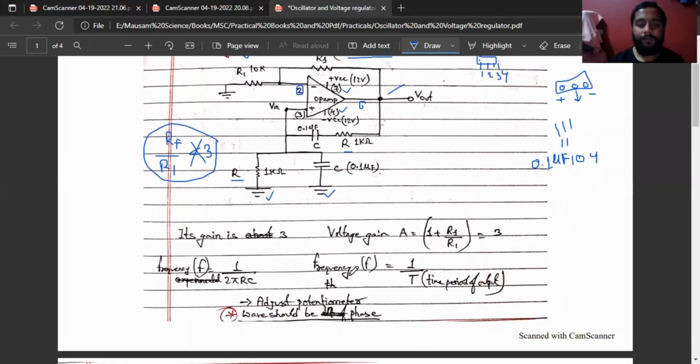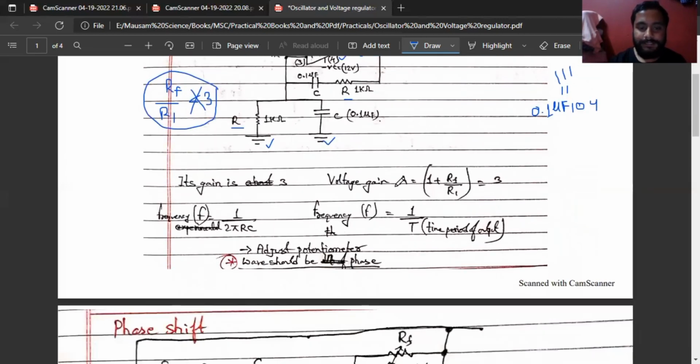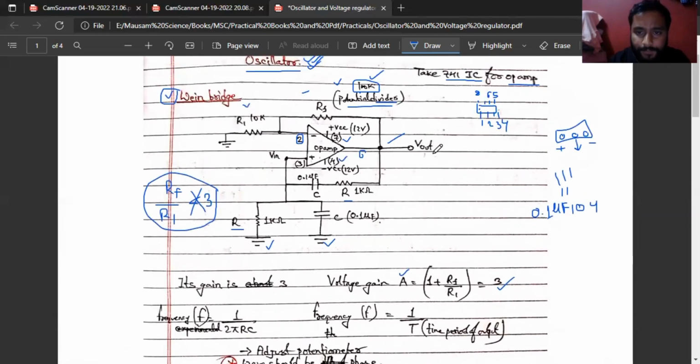Now its gain is 3, that is, we get the voltage gain from 1 plus RF by R1, which will be equal to 3. It is the theoretical value. From here we will take out the curve of V output, and from here the curve of V input.